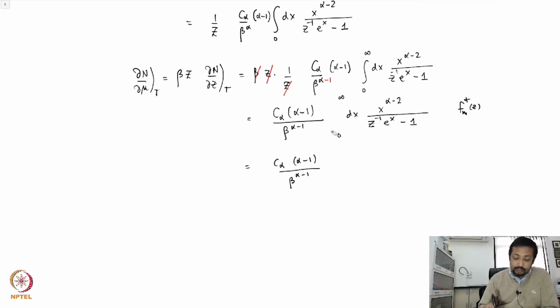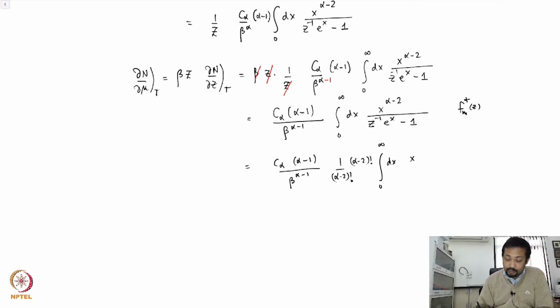So for that I introduce 1 over alpha minus 2 factorial in the numerator and alpha minus 2 factorial in the denominator, and I write this as dx x to the power alpha minus 2 divided by z inverse e to the power x minus 1.